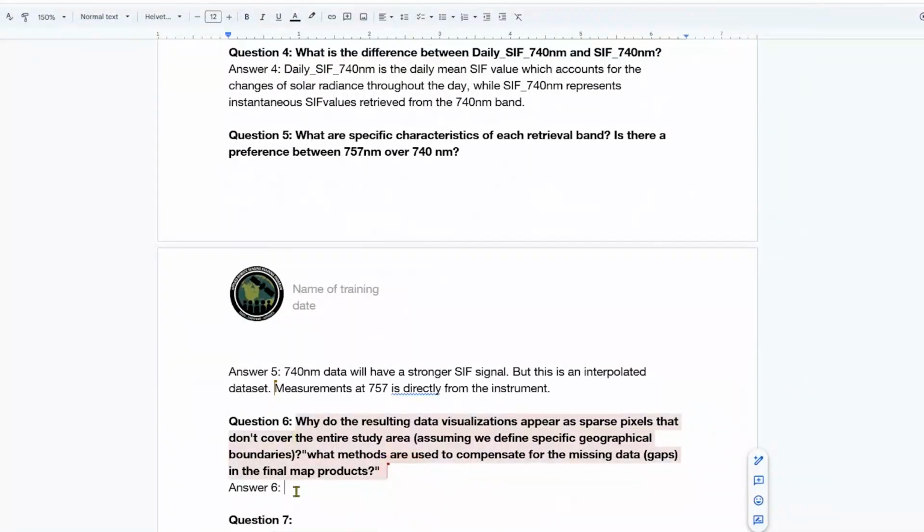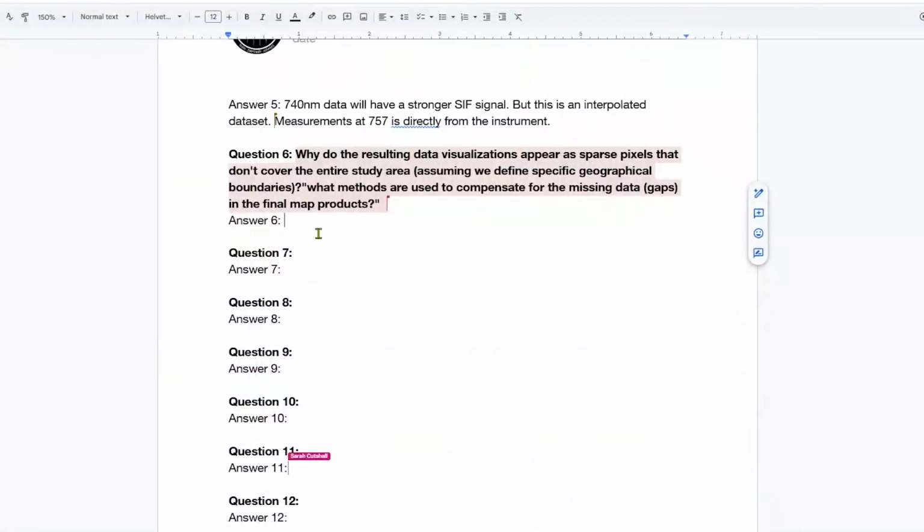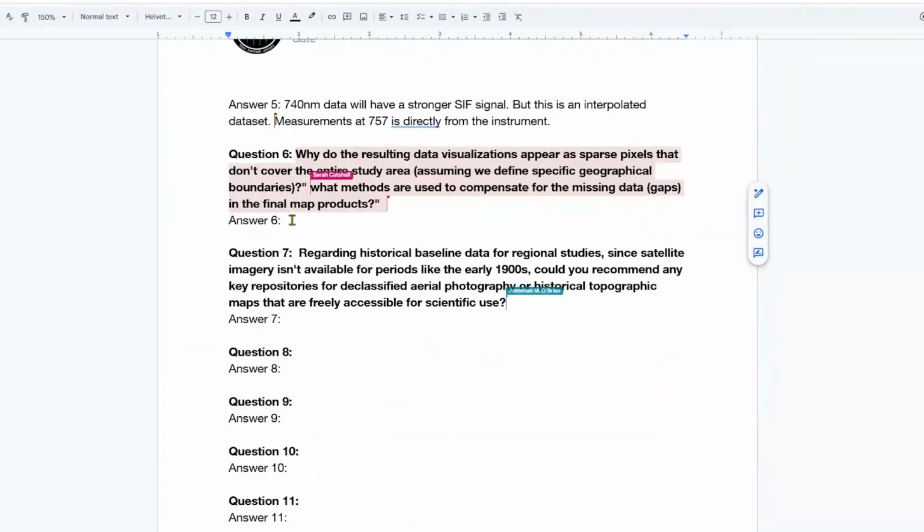All right. So question number 6: why do the resulting data visualizations appear as sparse pixels that don't cover the entire study area? So assuming we define the specific geographical boundaries, what methods are used to compensate for the missing data gaps in the final map products? Generally speaking, you can use gap-filled products if the data availability is not enough for your use case.